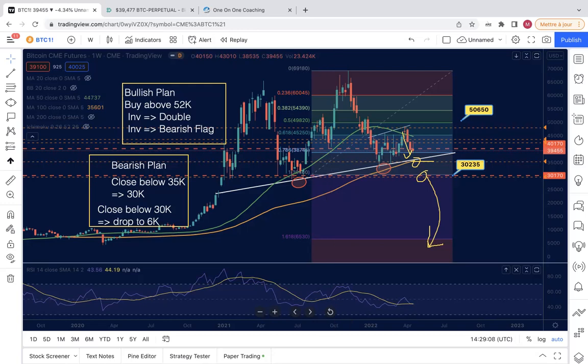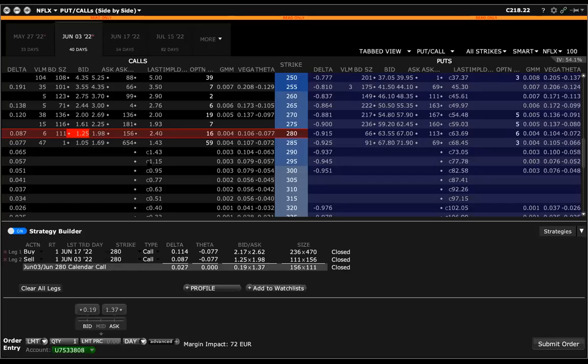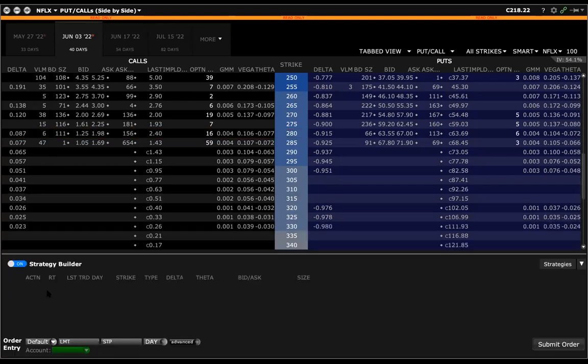Okay, so here let me just switch to my platform. This works, of course, with all the platforms. Here we will see what we can do, for example, with a stock that we can hold and at the same time cover the downside risk.